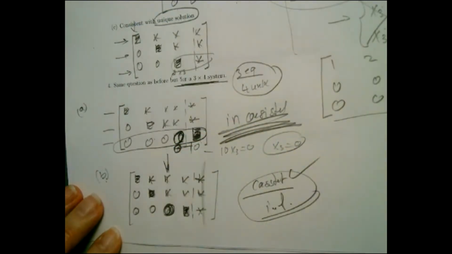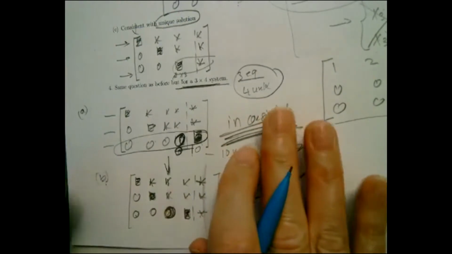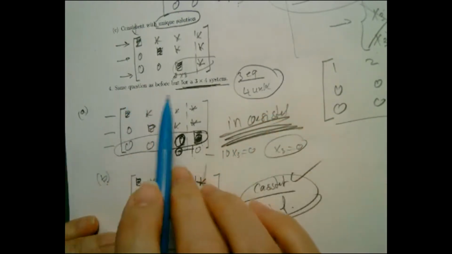Okay? No, it can be 0. Yeah, no problem. Okay, now my last question here. Same question: if I have a 3x4 system, can scenario C occur? Can we have a unique solution if I have more unknowns than equations?